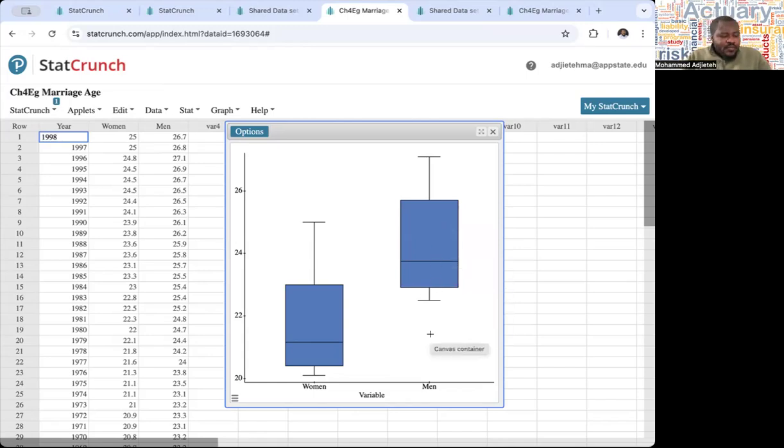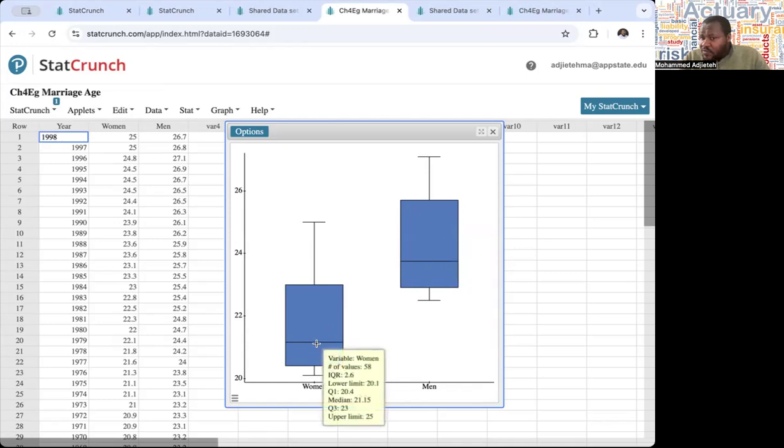Now, what can we see from here? When we look at this, we are trying to answer: do men and women in the US marry at the same age? Now you can see the box plots. This one is a bit higher than this one. Look at the median age for men.